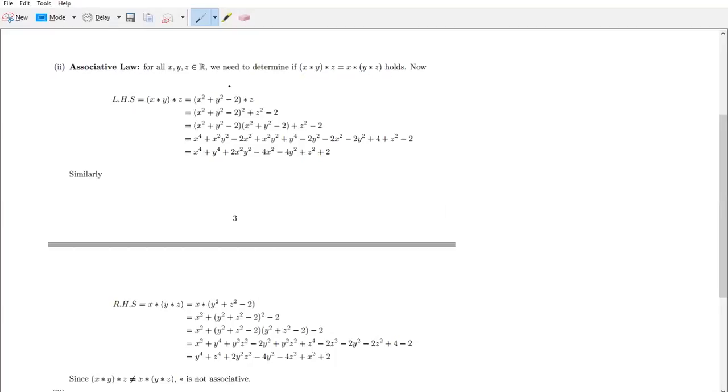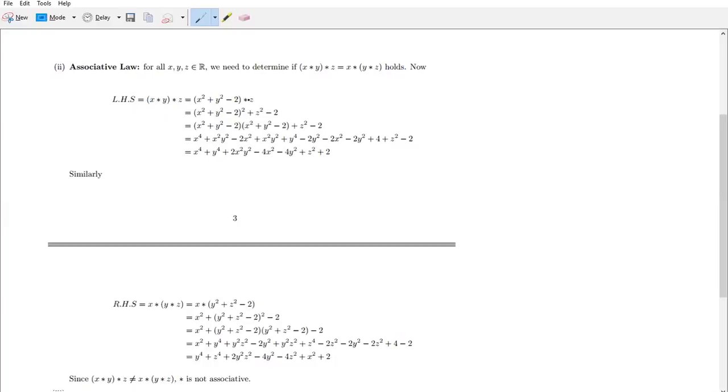Then you first start with the left-hand side. So when you start with the left-hand side, meaning the parentheses will be on your left-hand side like that. While there is x star y, you replace with that given expression, the expression that we were given, which is this one here. And then you put star z outside like that.